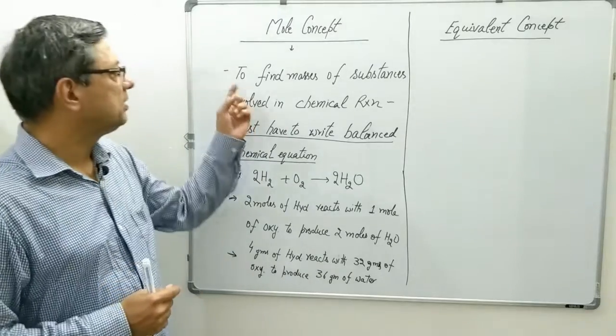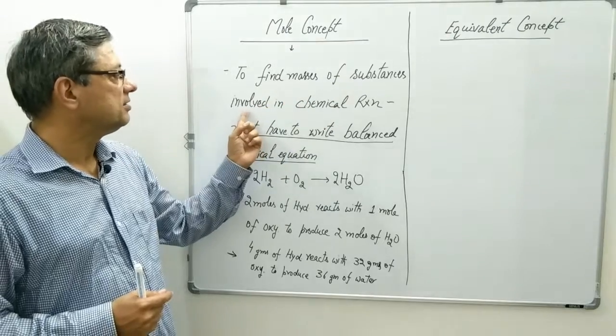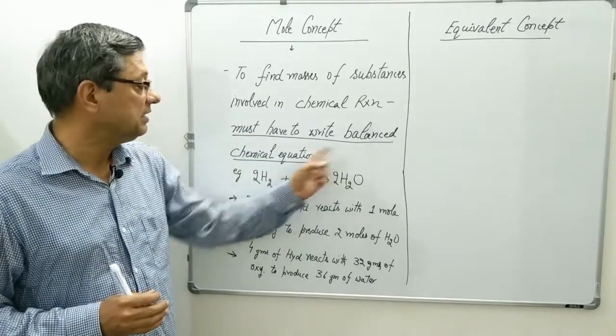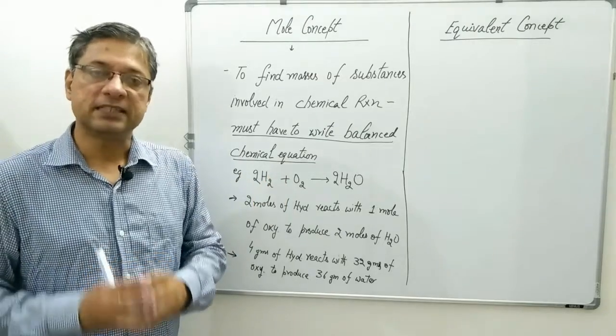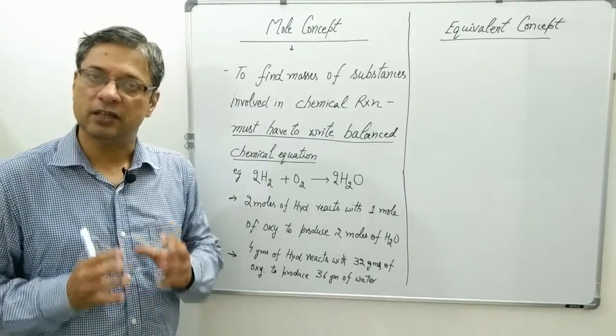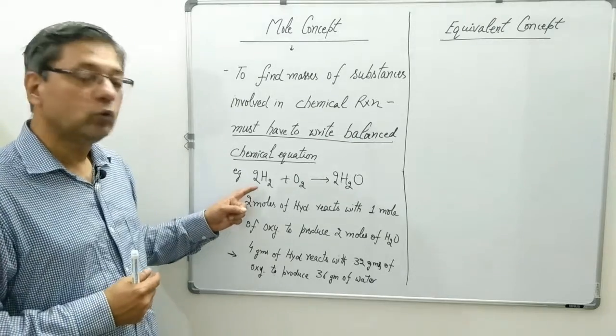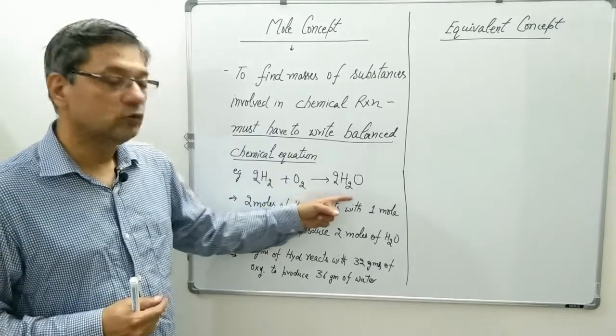In mole concept, to find masses of the substances involved in chemical reaction, we must write the balanced chemical equation. For example, reaction between hydrogen and oxygen. We have to write the balanced chemical equation, and that is 2H2 plus O2 gives 2H2O.